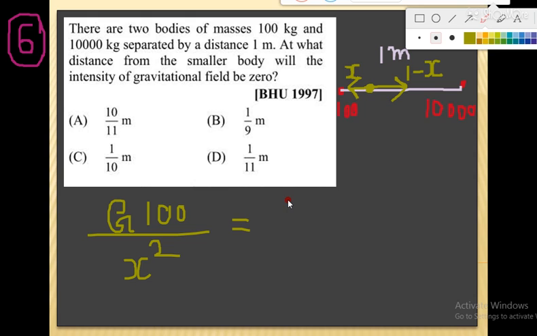So G into 10,000 kg body, not 1000 kg. So 10,000 kg body will be towards the right side, and its magnitude will be by 1 minus x whole square.